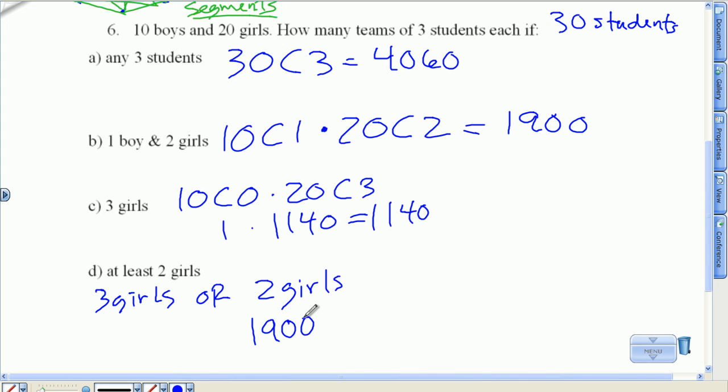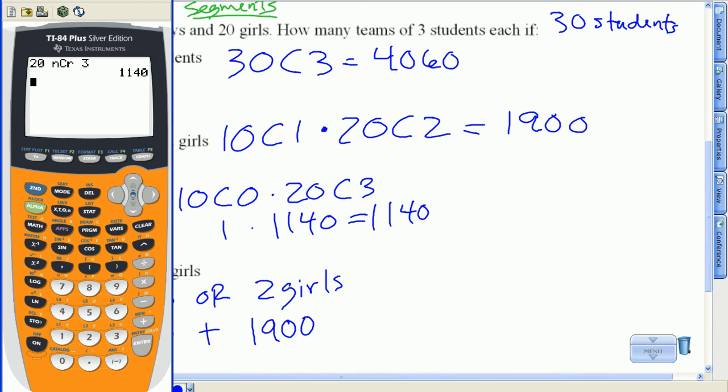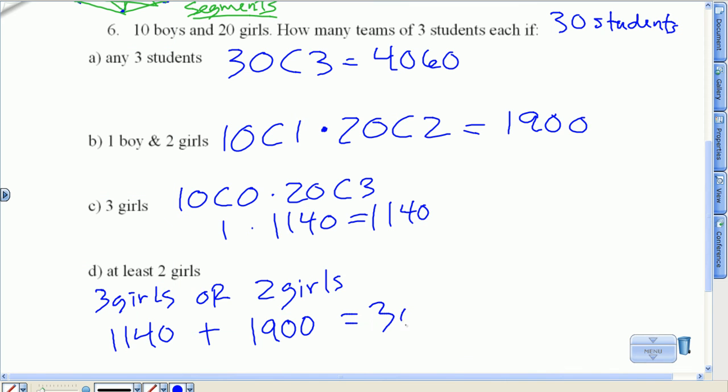That's part C. That's 1,140. If we add them together, 1,140 plus 1,900, we get the answer to this problem. 3,040. At least. That is a hidden or statement. So be wise to the hidden or.